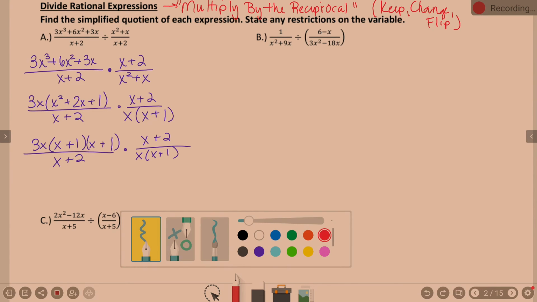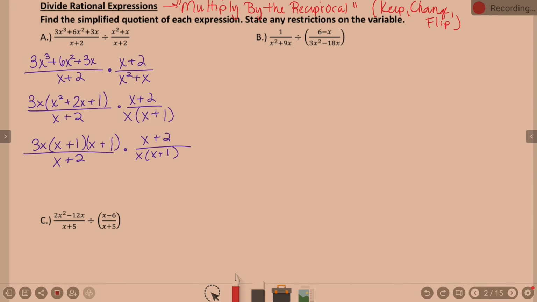So what cancels? x plus 1, x plus 1, and x plus 2, and x plus 2. Okay. x plus 2 in the denominator cancels with x plus 2 in the numerator. And x plus 1 in the denominator cancels with x plus 1 in the numerator. Can the x get rid of the x, too?